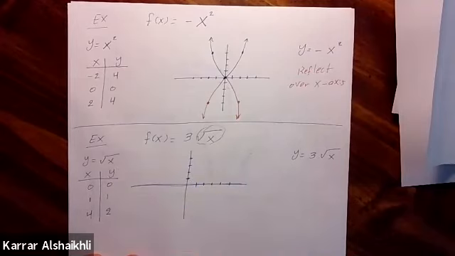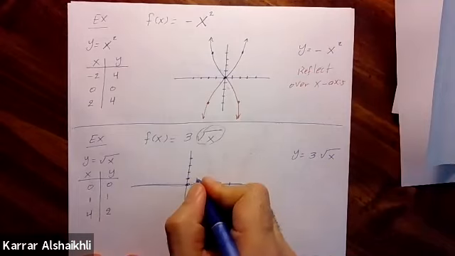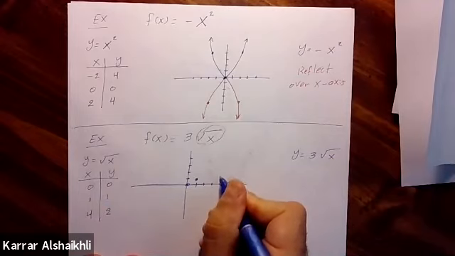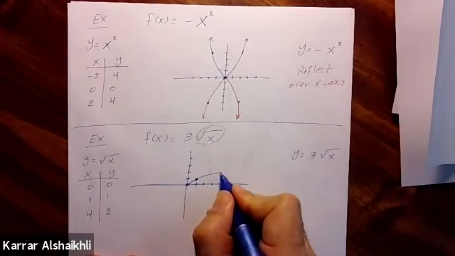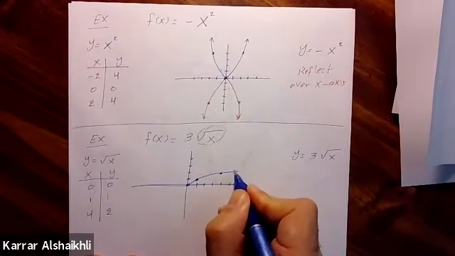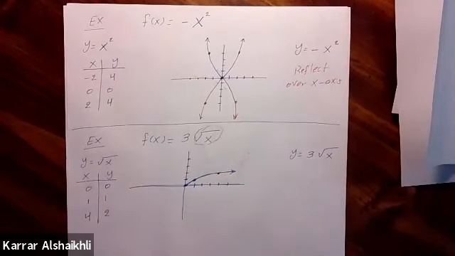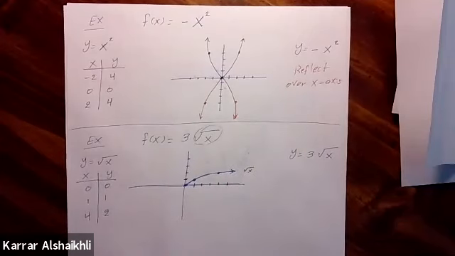So let's graph the parent function. 0, 0 is going to be here. 1, 1 is going to be here. And 4, 2, this is 4, and here's 2. So this graph is going to be like this. And here is the parent function, the graph of the square root of x.